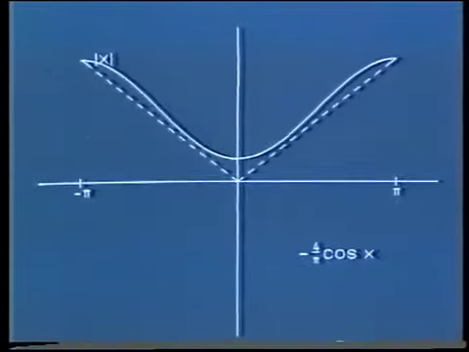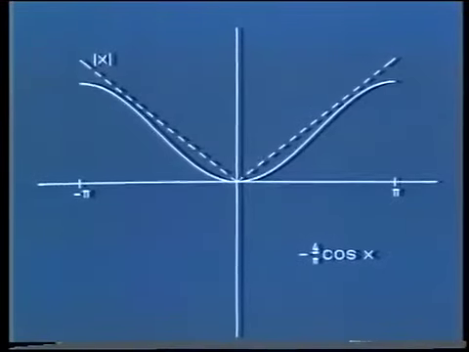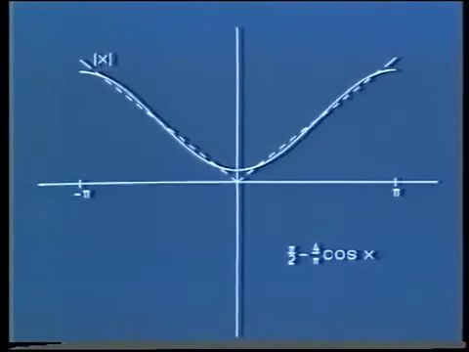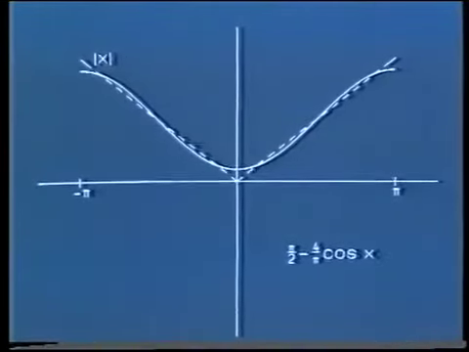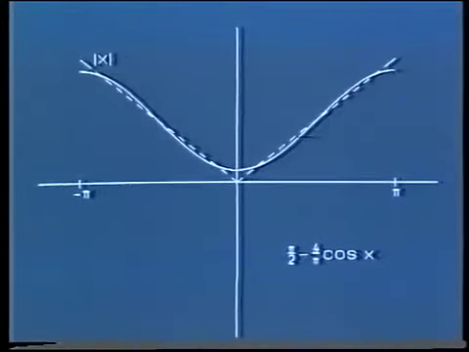The best overall approximation is when the translation is through plus pi by 2. So the best approximation we can now get for mod x is pi by 2 minus 4 over pi cos x. This is the closest we can get to mod x as a linear combination of the orthogonal functions 1 and cos x.